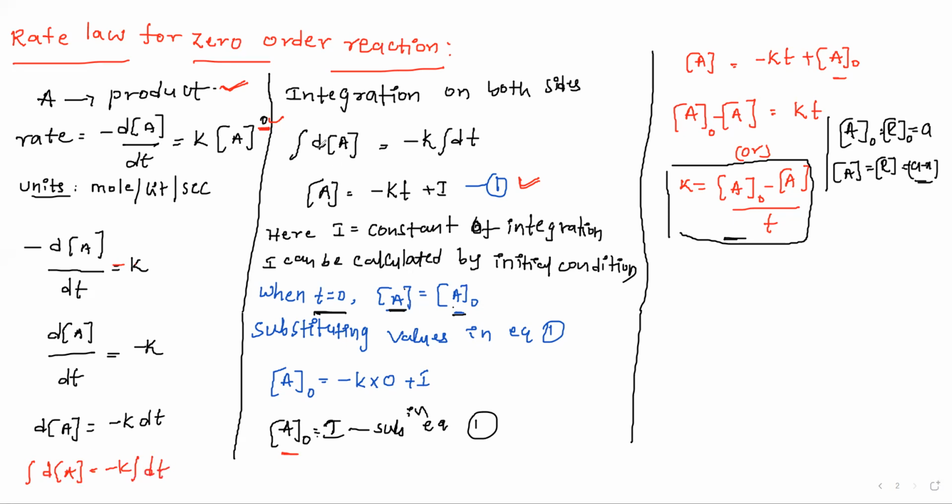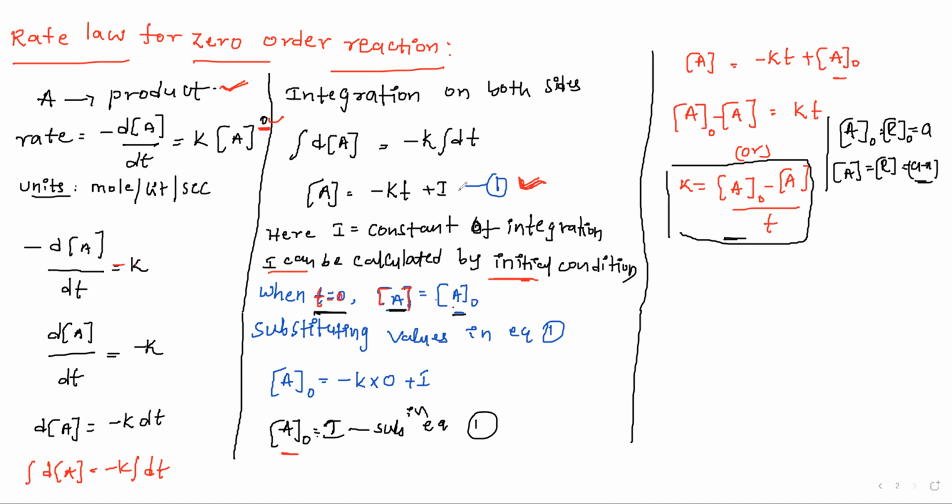After integration, the concentration of A is equal to minus KT plus I, where I is nothing but the integration constant. This I can be calculated by using initial conditions. The initial condition is that at time equal to 0, the molar concentration of A is equal to A naught.